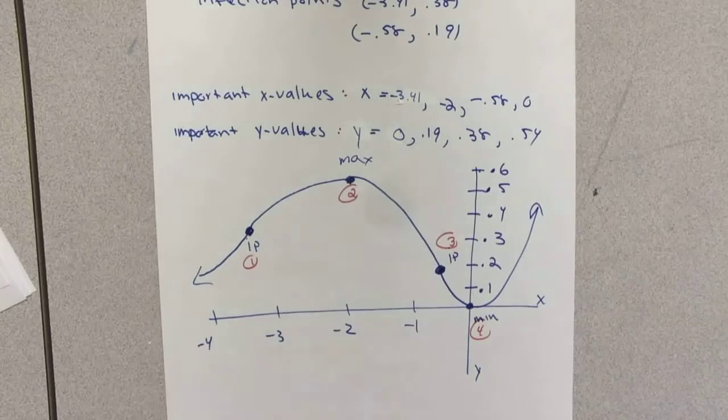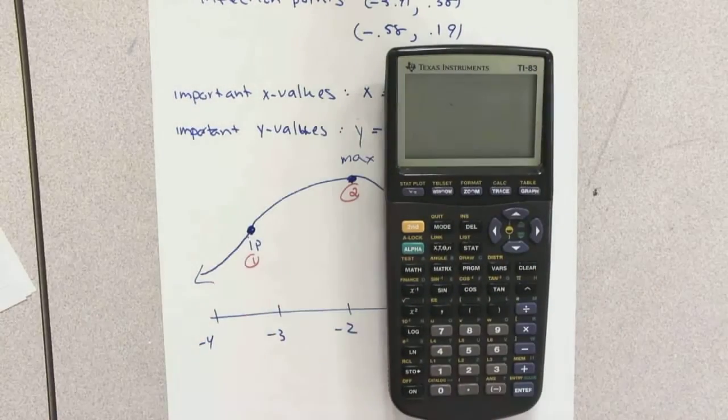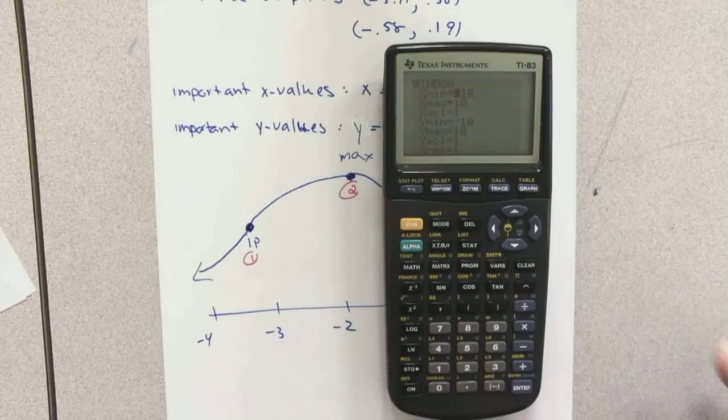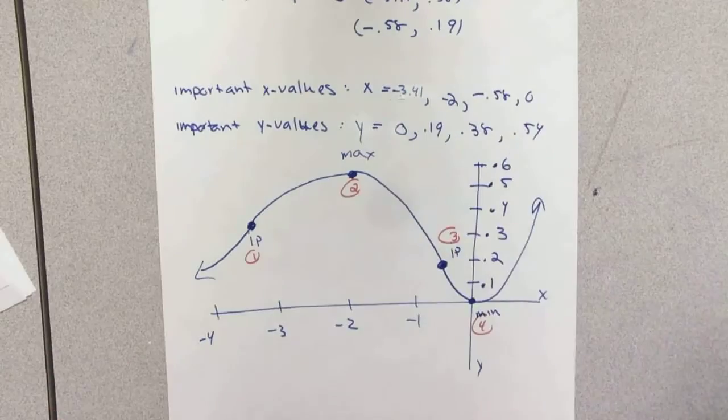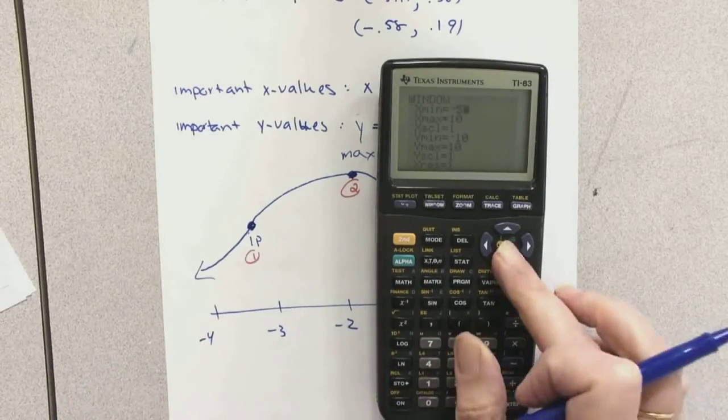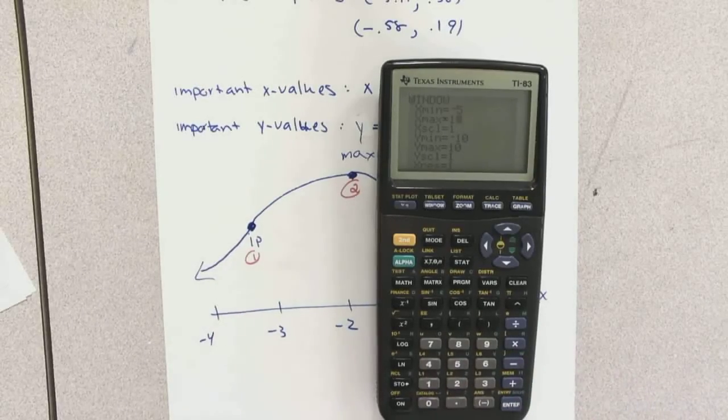And if you can get all the pieces to fit together, you almost certainly are right. But the nice thing about this is we can check it if my calculator behaves. Give the calculator approximately the same numbers we did. So I'm going to hit Window, and I'll go a little bit further than we did. I'm going to go -5 to 1, just a little bit further than we did.